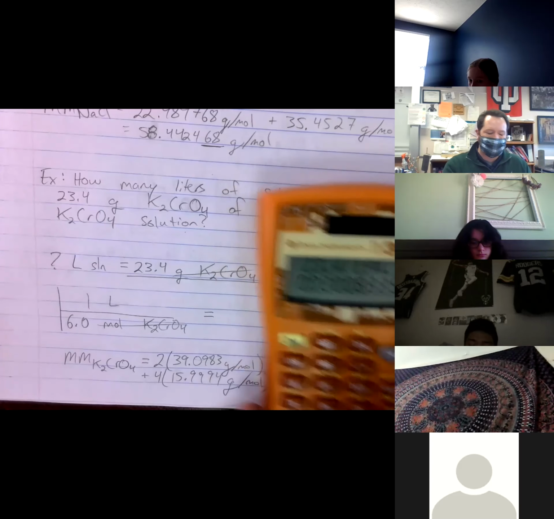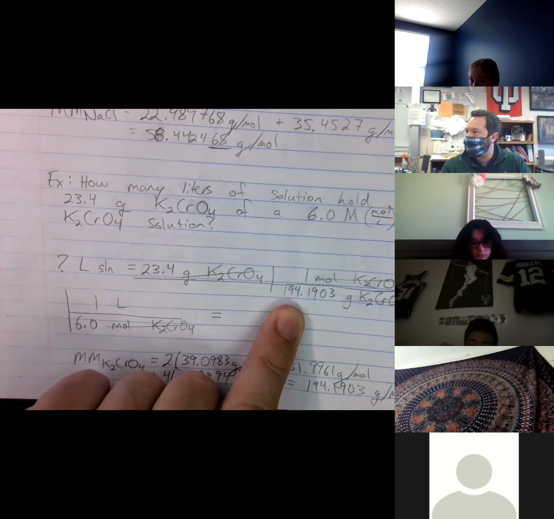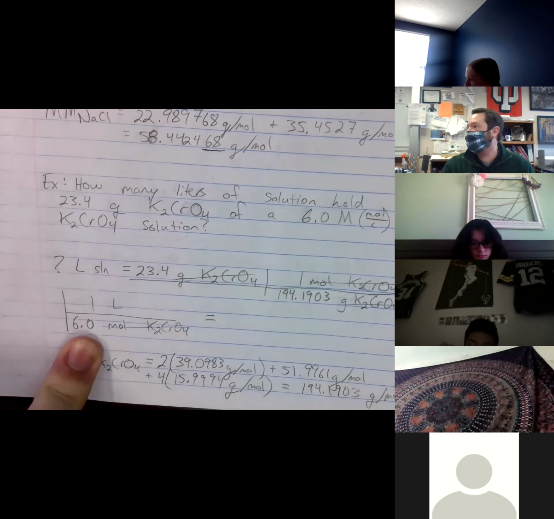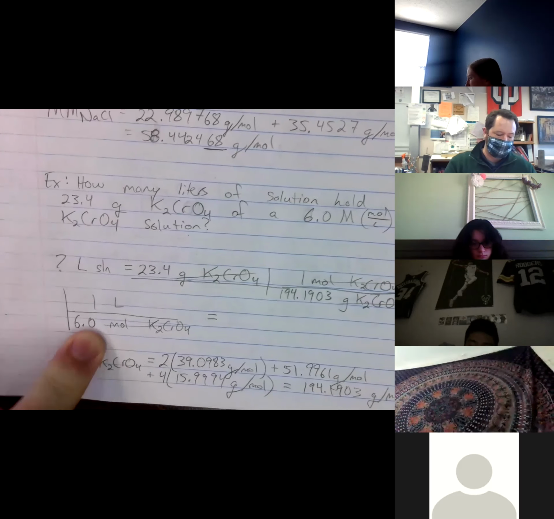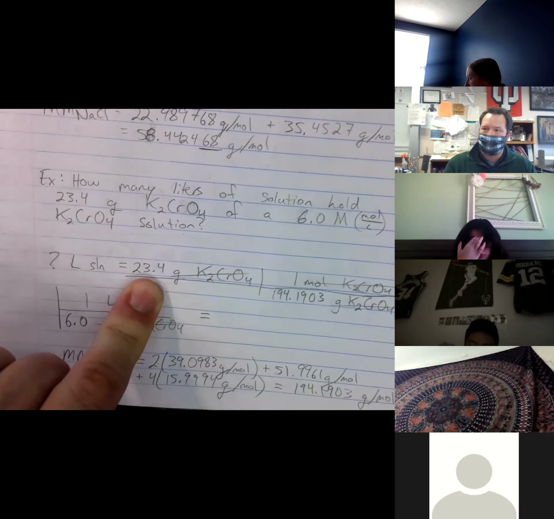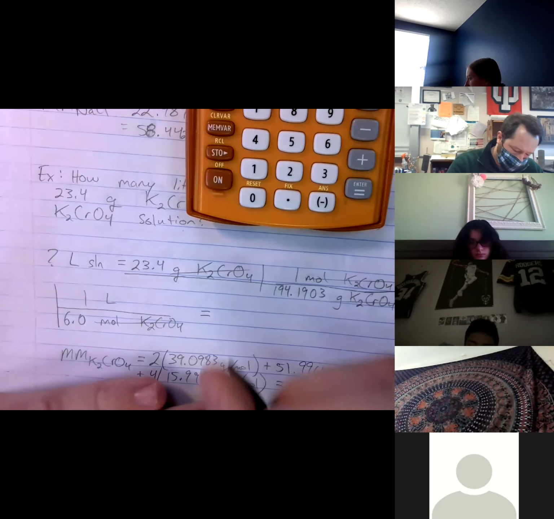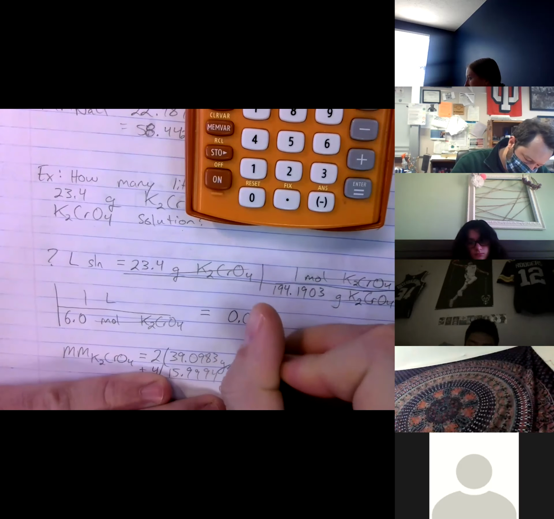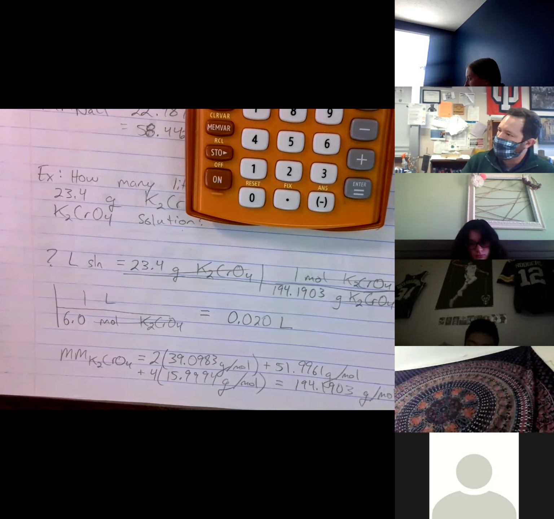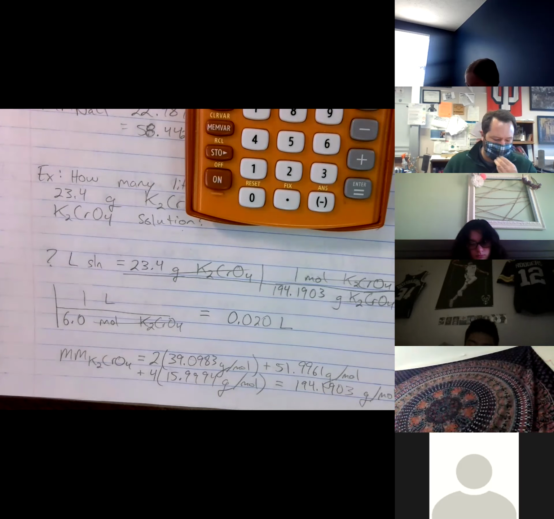Not surprising. This is a huge molar mass. We want it to be super concentrated. 6 is a high concentration. And we don't have very much salt. So our volume is going to be quite small. Only about 20 milliliters, which is not much.